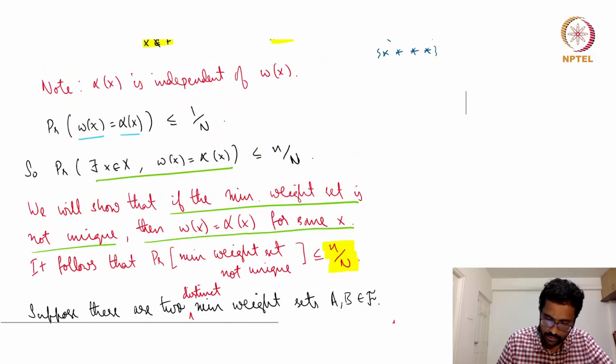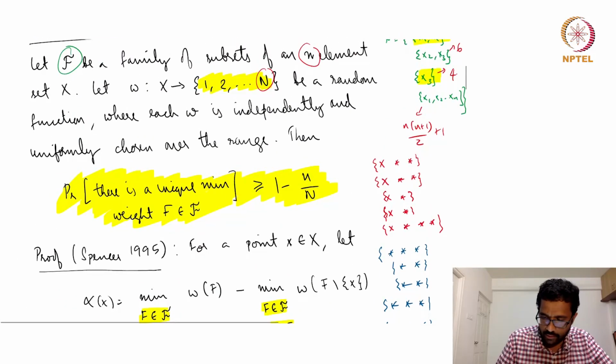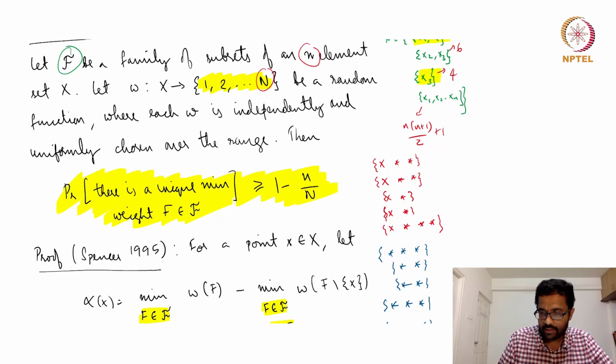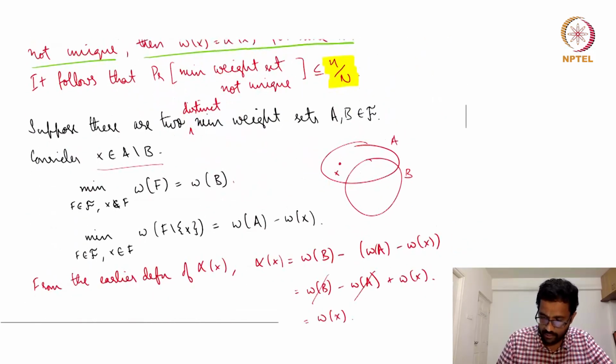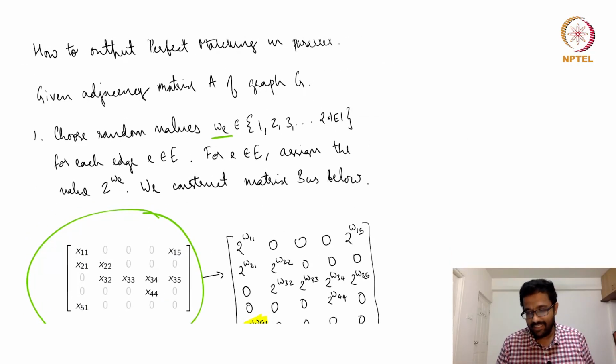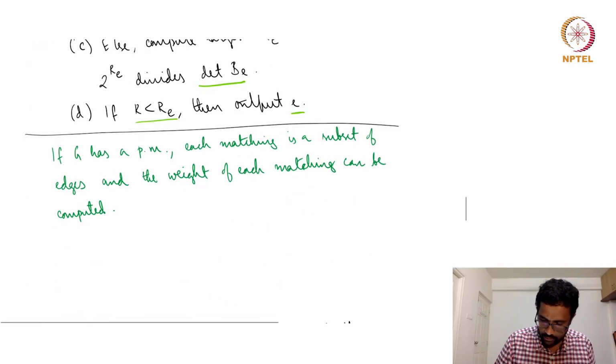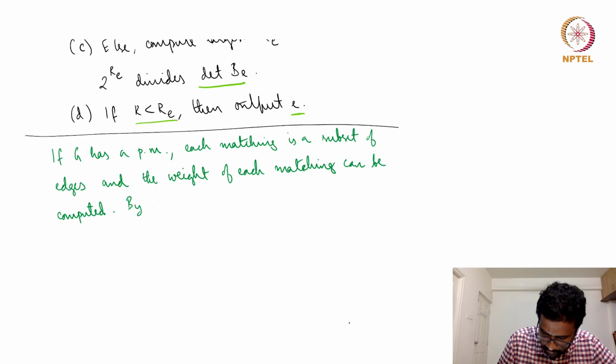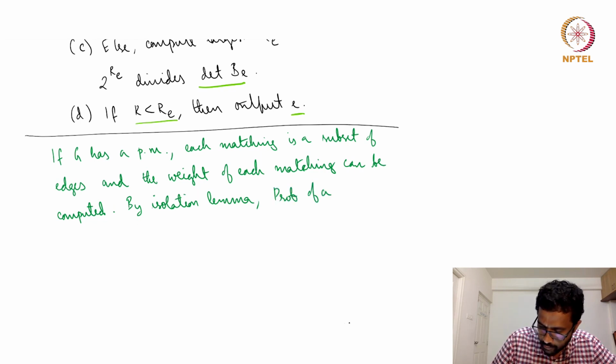In the case of the isolation lemma, the base set was x, and the size of x was n, small n. Here the size is just the size of E, and the range here is going up to 2E. So by the isolation lemma, probability of a unique, maybe I'll just write it in the next line.